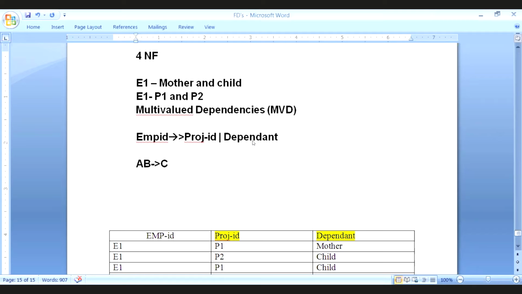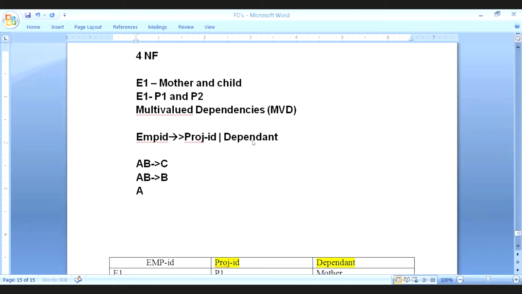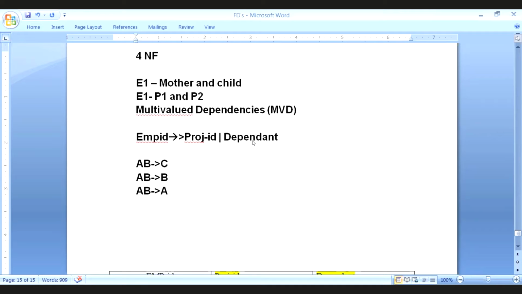Is this a trivial FD? You will say no. Why is it not a trivial FD? A trivial FD example is if I write AB determines B, which is always true, a trivial case. Or AB determines A, or if I have A determines C as a given FD, then I can write A determines A.